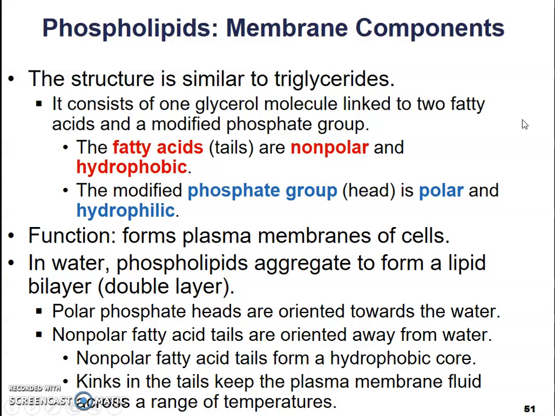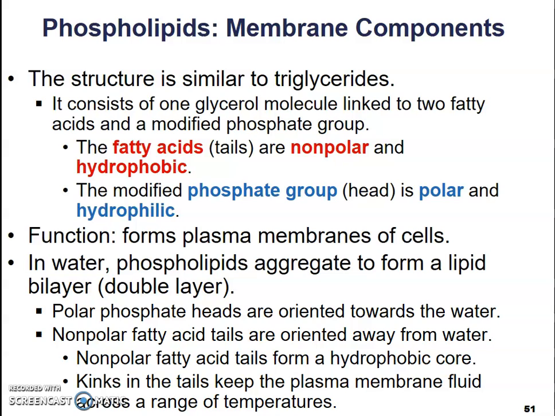They make up the plasma membrane of our cells, and when they are put in water, they line up or aggregate to form a lipid bilayer, meaning 2 layers. The polar phosphate heads are oriented outward toward the water because they are hydrophilic.